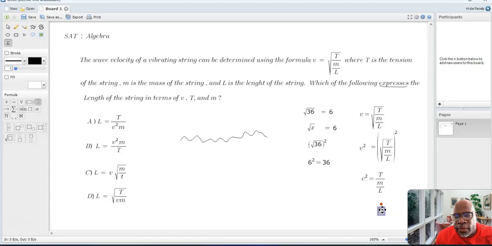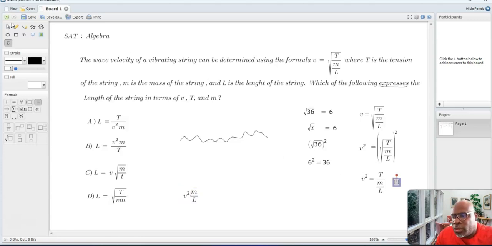So here we have v squared, which will be multiplied now by ml. So watch me now. So we end up with ml. But when you multiply that, you're going to end up getting rid of this one.